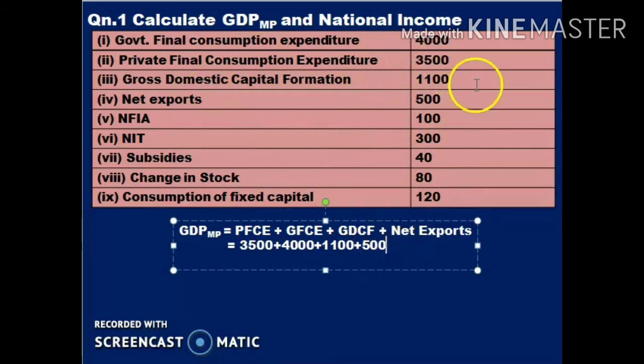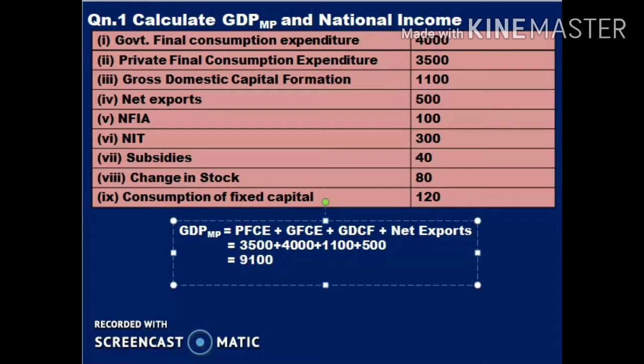Then 500 is net exports. You add these to find GDP MP. The answer is 9,100.